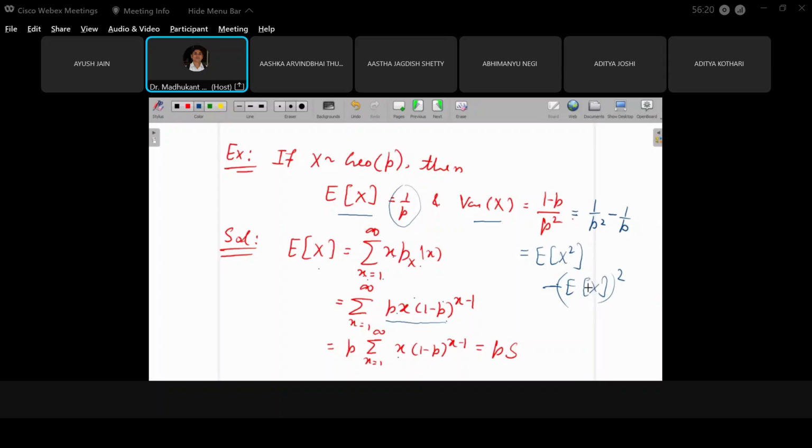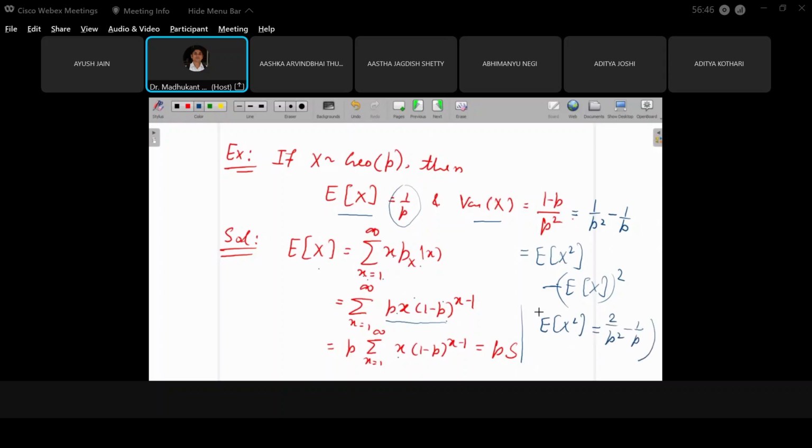So you have 1 by p square here, and you have to show that the final answer, the expectation of x square, will be equal to 2 by p square minus 1 by p.